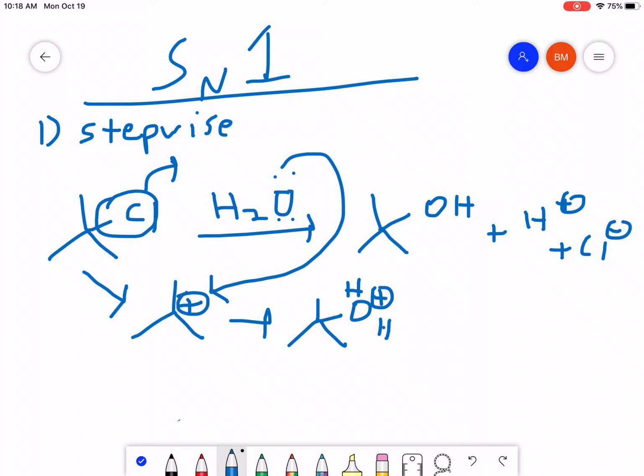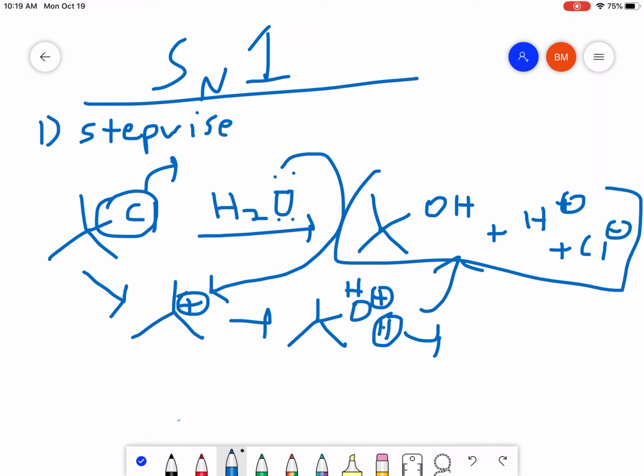All right, and so now water is attached to that carbon. There's one last step that happens, and that is a deprotonation. This positive oxygen will shed one of the H pluses, and it'll give you your products. Okay? So everything's very sequential, stepwise. Not everything happens at once.